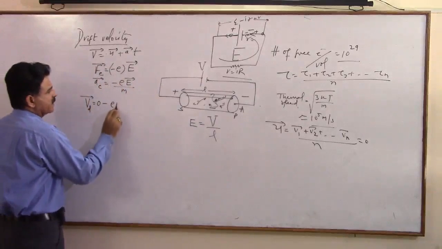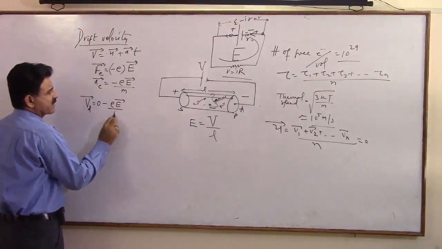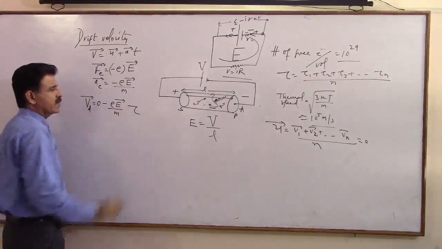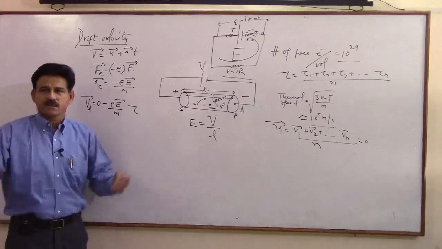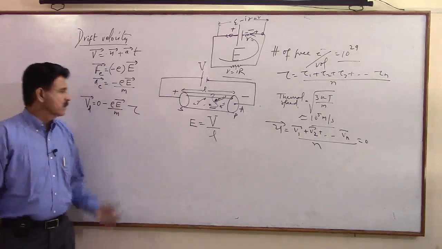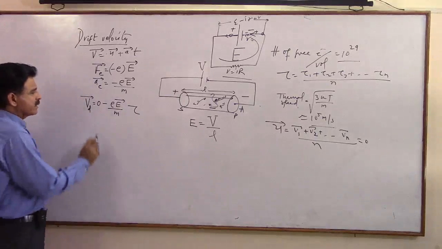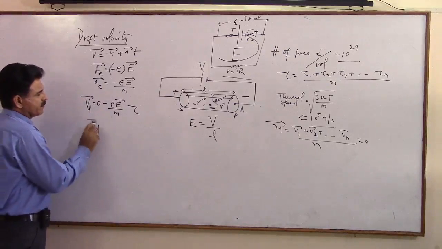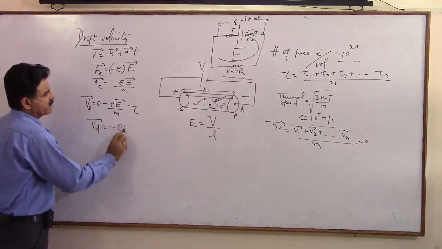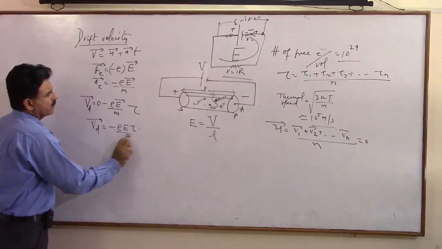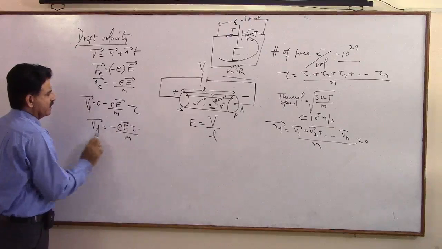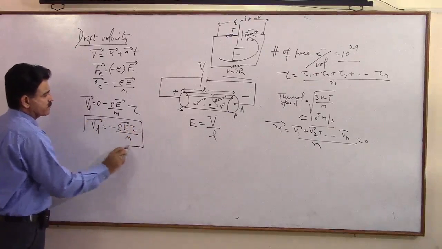Minus eE by m is the acceleration part, and the time you have taken as tau, that is the average relaxation time tau. Okay, so I get my first formula: drift velocity is minus eE tau divided by m, with E a vector, right? So this is the first formula.